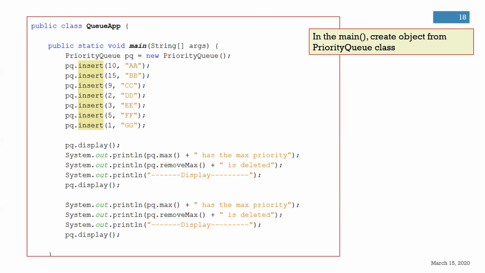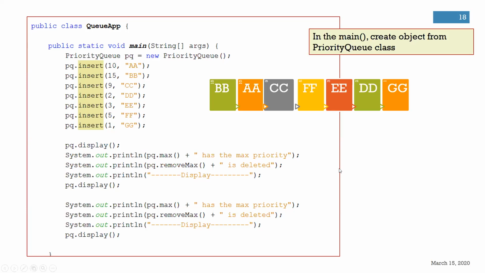I think everybody knows how to insert. Why? Because this is a sorted list, right? Sorted list means that we need to traverse to insert the element with the highest priority at the appropriate location, right? Very good. So this is the right order: BB, AA, CC, FFEE, by this order, because ordered by 15 and next 10, next 9, 5, 3, 2, 1.